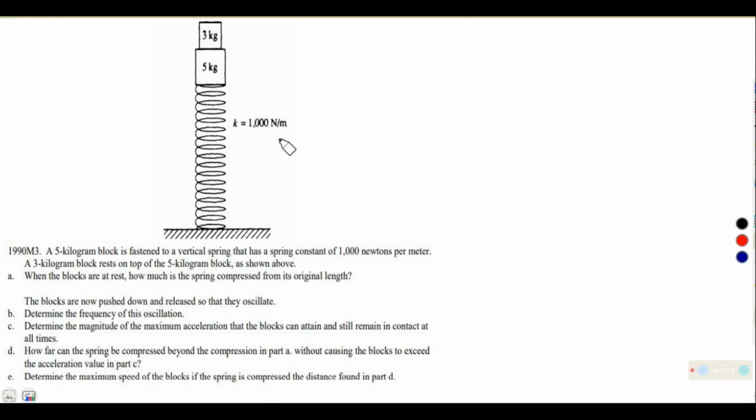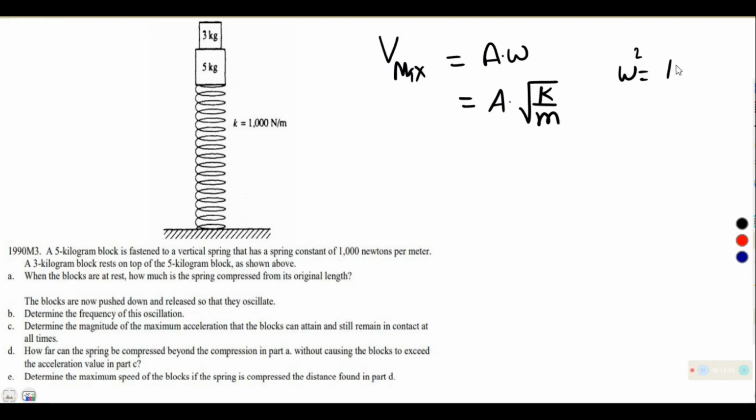We know the formula for maximum speed: V max is equal to A omega. These are the fundamentals of simple harmonic motion, and we know the value of amplitude A. Omega can be written in terms of k by m, as we know omega square is equal to k by m, so omega is equal to the square root of k by m.